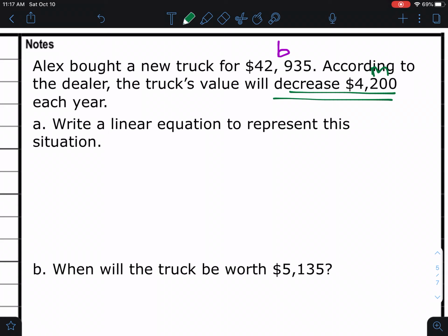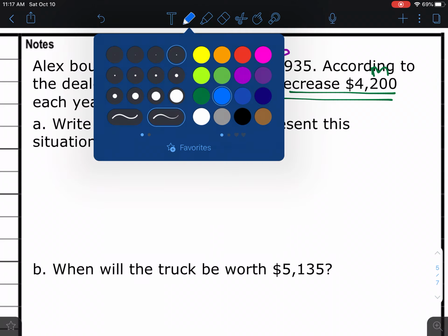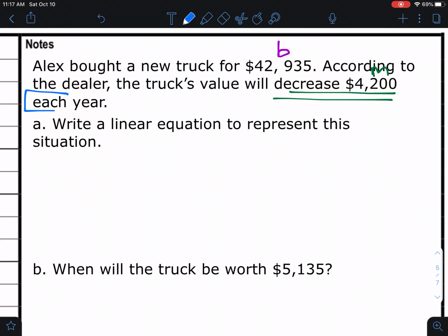And then here's another word that kind of helps figure out your variables. When you see the word per or each, that means multiplication. So if you think, okay, we know that an equation is y equals mx plus b. Okay, I know what my b is.